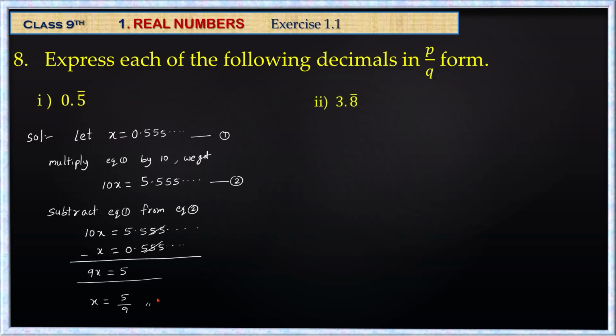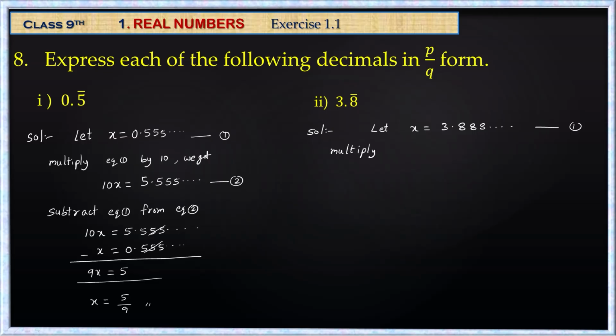Next bit, 3.8 bar. Let us solve this problem. Let x is equal to 3.888 and so on, because 8 is repeating. So here one digit is repeating, multiply the equation, call it as equation 1, with 10.